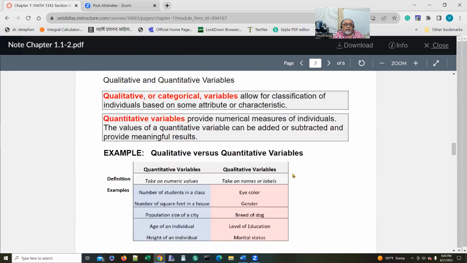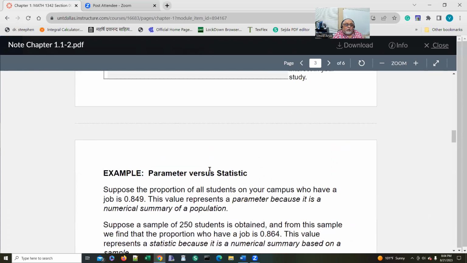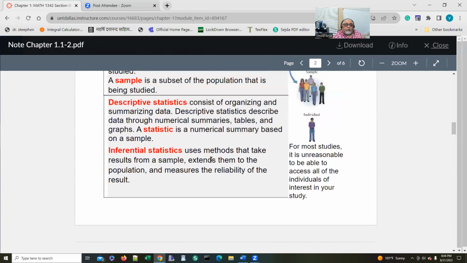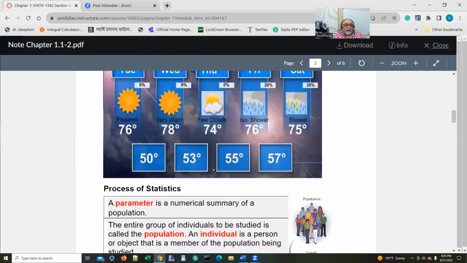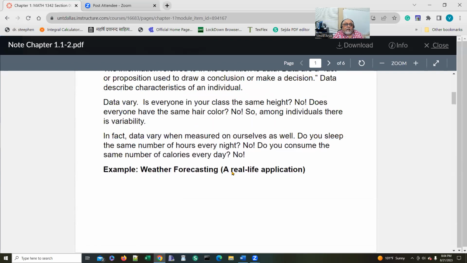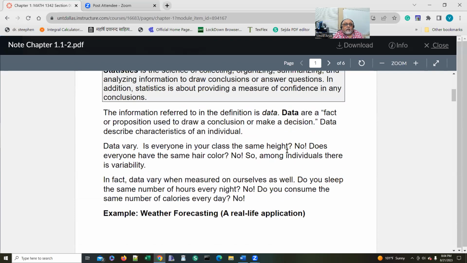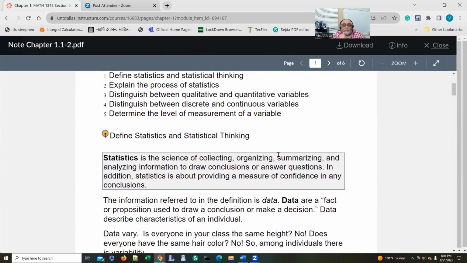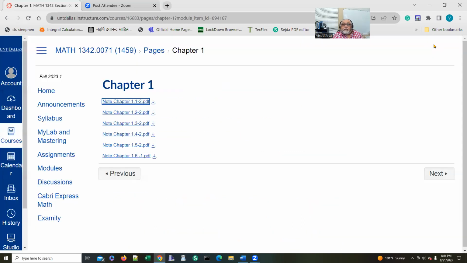So you can read them and you can make your small notes or flashcards if you would. And that will help you a lot, okay? Definitions, explanations, examples, everything is included in these lecture notes. Okay, so I will close it. This is for chapter 1 only, and I have just included it as a sample. I will include chapter 2 in a similar way, and so on and so forth.